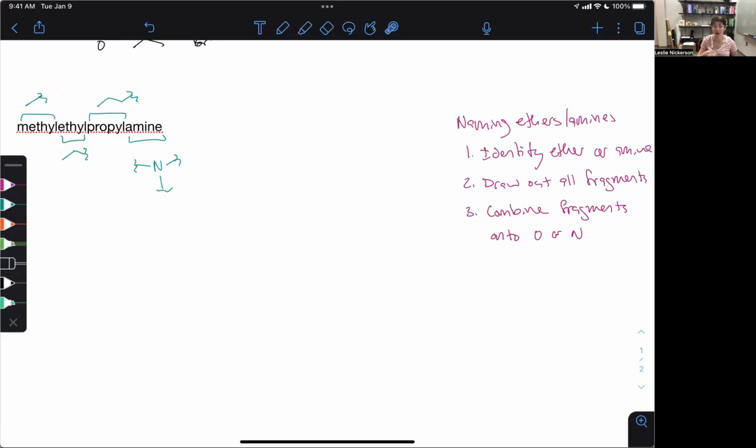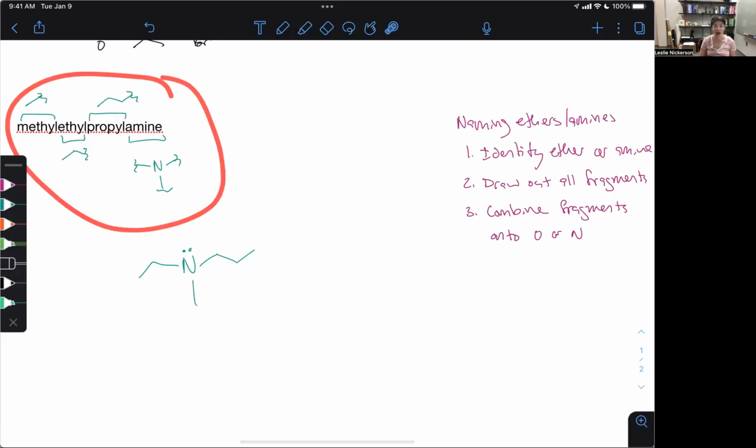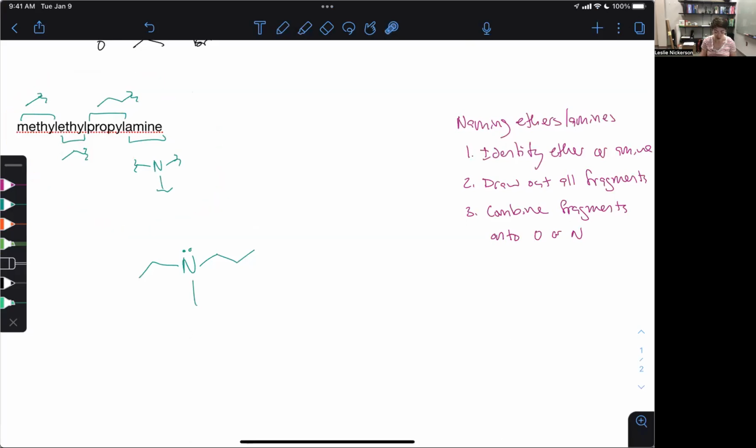So the only way to get those all combined together is if I just kind of arrange them around this nitrogen. So if I have this nitrogen and I've got propyl on one side, ethyl on one side, methyl on the other side, and then I've got my little lone pair, that is my completed amine. Okay, so in some ways it's easier because you could just kind of draw all the pieces out and then glom it all onto O or N.